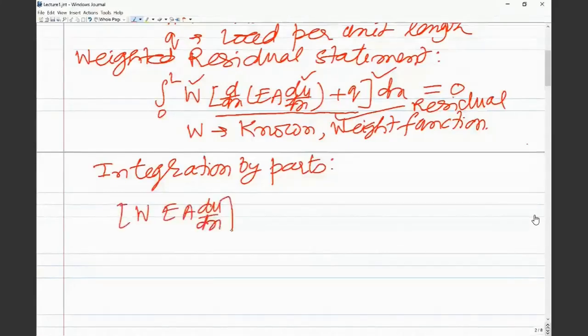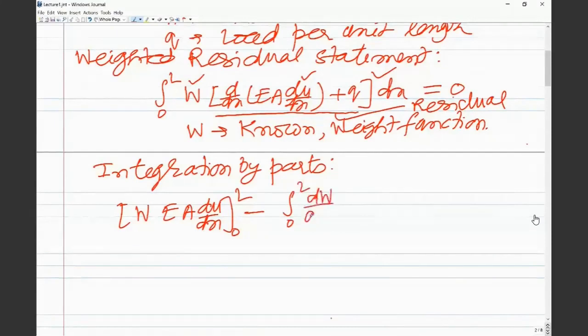This is the boundary term of the integration by parts. We have the first function into the integration of the second, and the whole thing is evaluated at the boundaries. In this case, x equal to 0 is one boundary point, and x equal to L is another boundary point, and then minus the integration from 0 to L of the derivative of the first function.